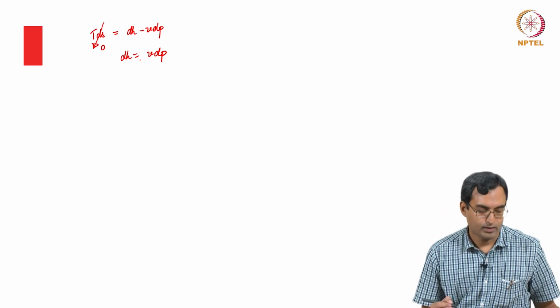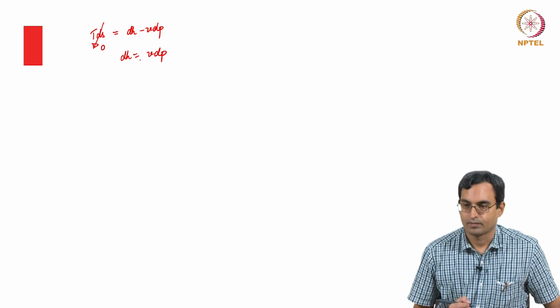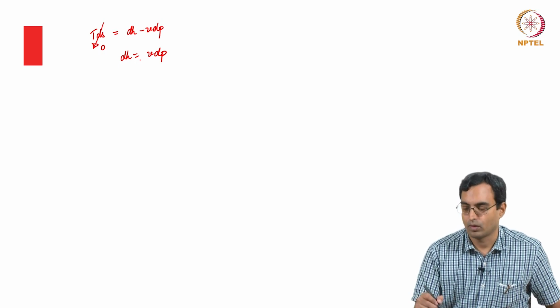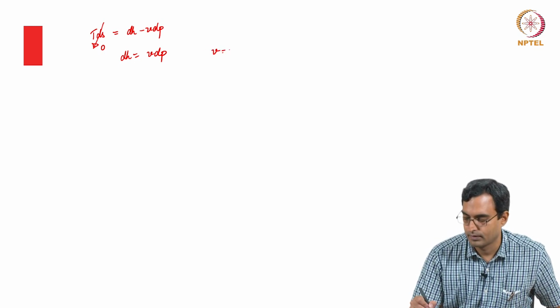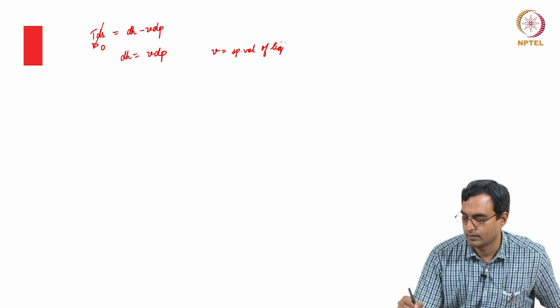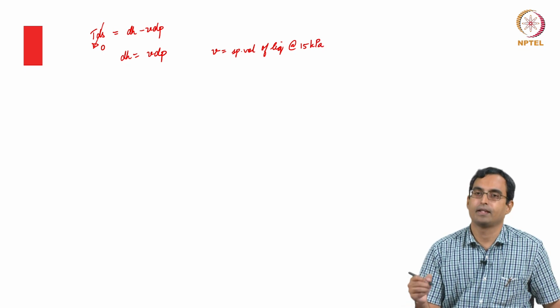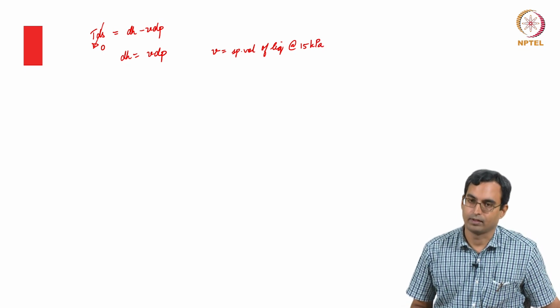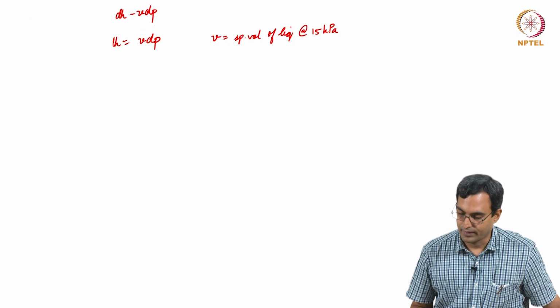So, we can find out what the value of V is from the tables. This is the specific volume of liquid at 15 kilopascal, because we are given that the entry is liquid at 15 kilopascal. So, let us find out that.